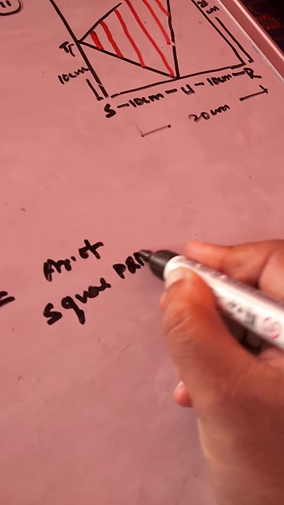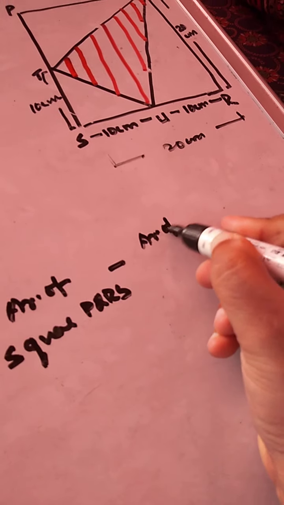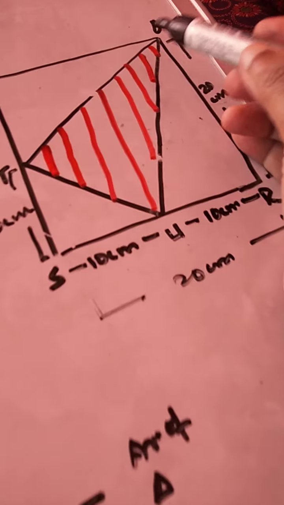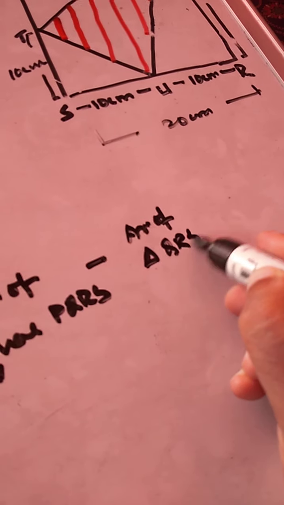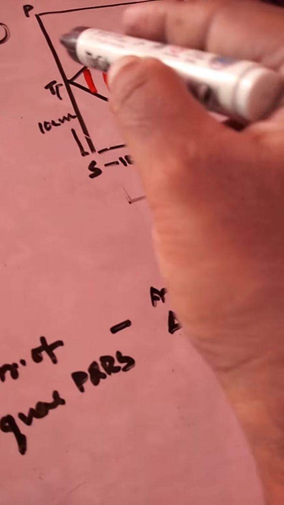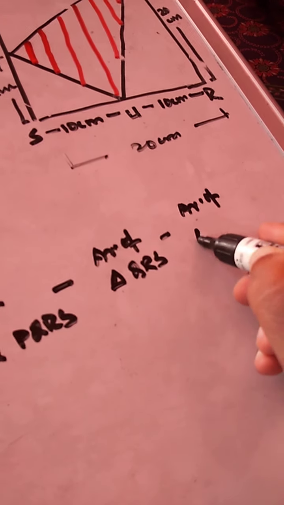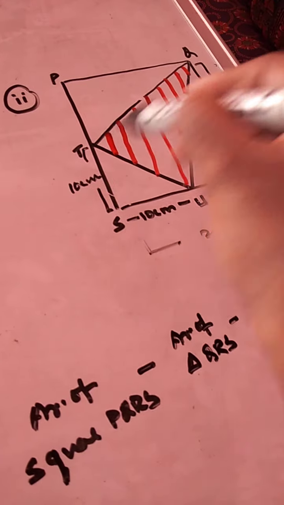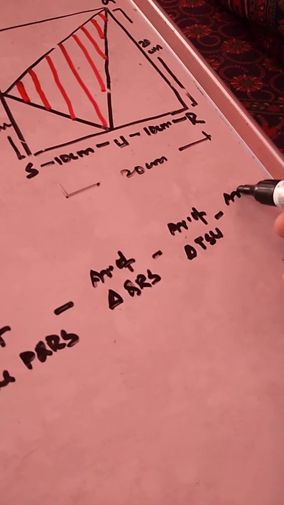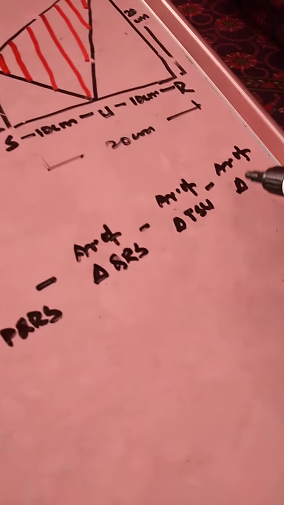From PQRS, what you have to subtract? Area of triangle QRS, minus area of triangle TSU, and also you have to subtract the area of triangle PQT.